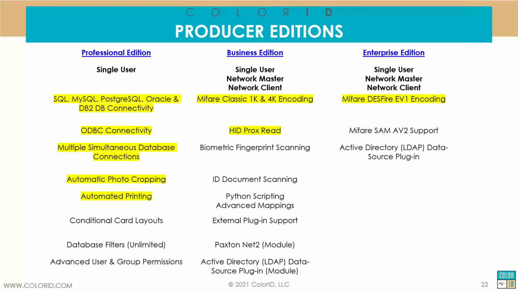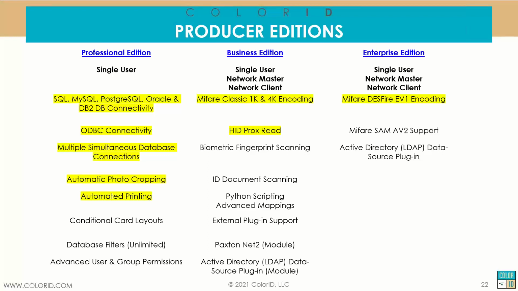And then the other thing in CardExchange is automatic photo cropping and automated printing, which are in the base version, the most economical version that a higher ed institution would consider.